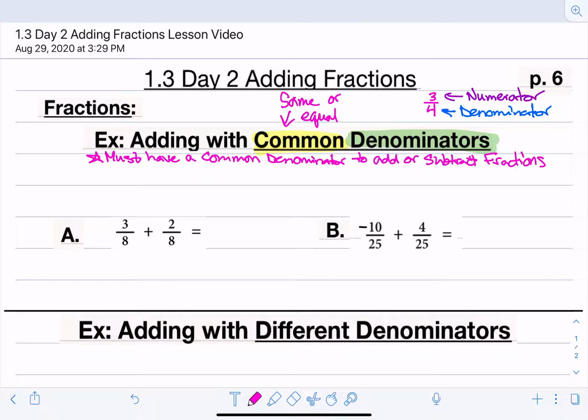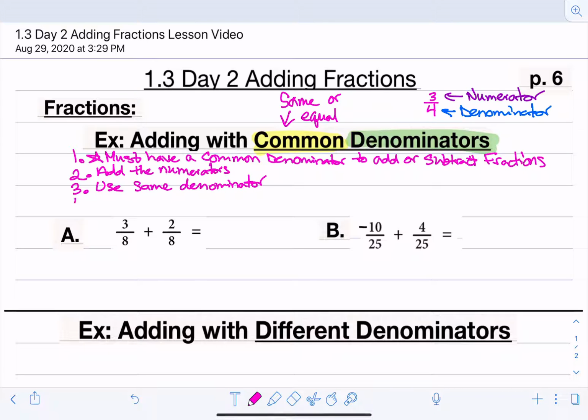Okay, so step one, you must have a common denominator before you can add or subtract. Once you have that common denominator, you can move on to step two, and you add the numerators. Step three is use the same denominator.